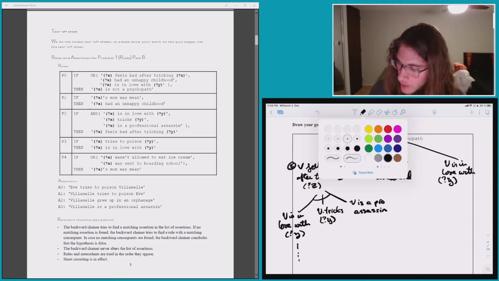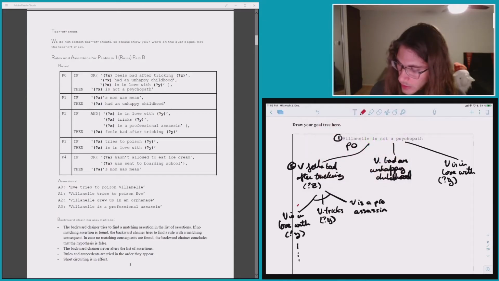So in reality, I'm short-circuiting here. I'm going to short-circuit this node and this node with the middle child.